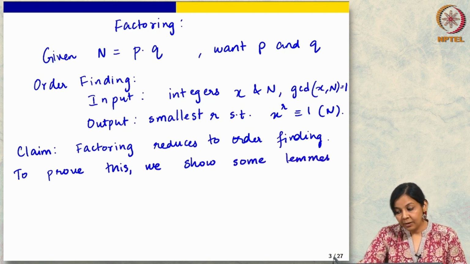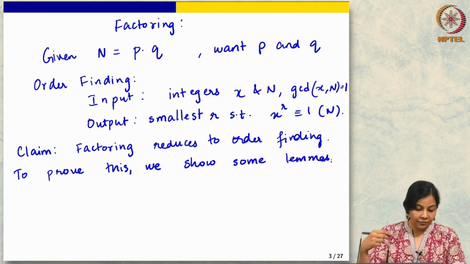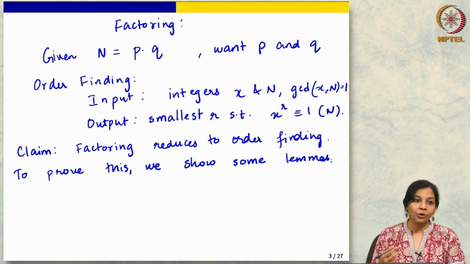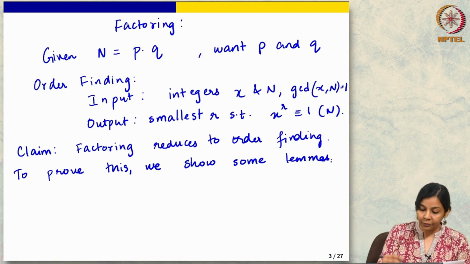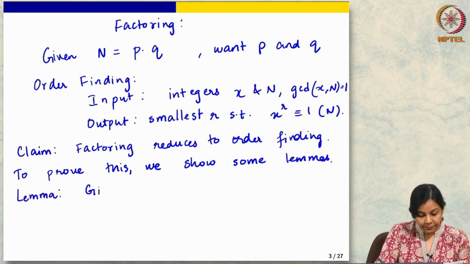In particular we take this intermediate step. We first reduce factoring to computing a non-trivial square root of 1 mod n. So, let us first see that. Here is a lemma.